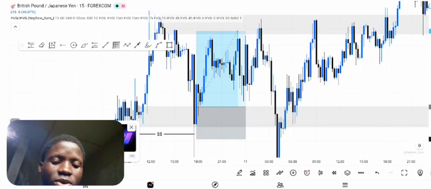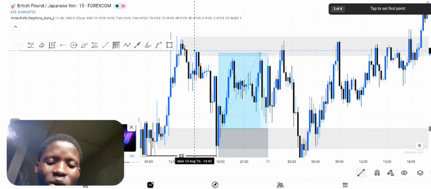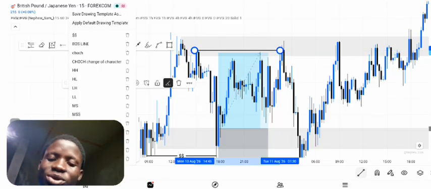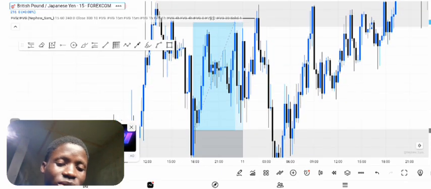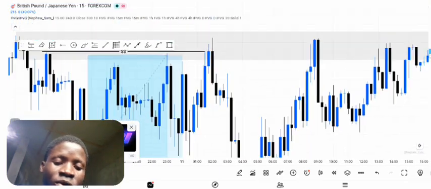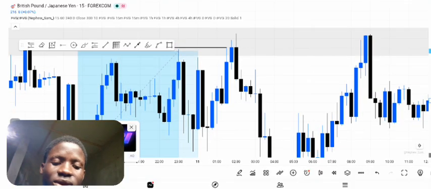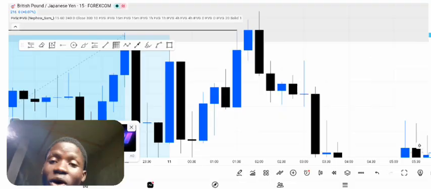And when price comes to this zone again, price comes to resistance. These are all liquidity. If you can understand liquidity, you can trade like a pro. This is the 15-minute time frame. What candle do you see here? This is a morning star and engulfing candlestick.